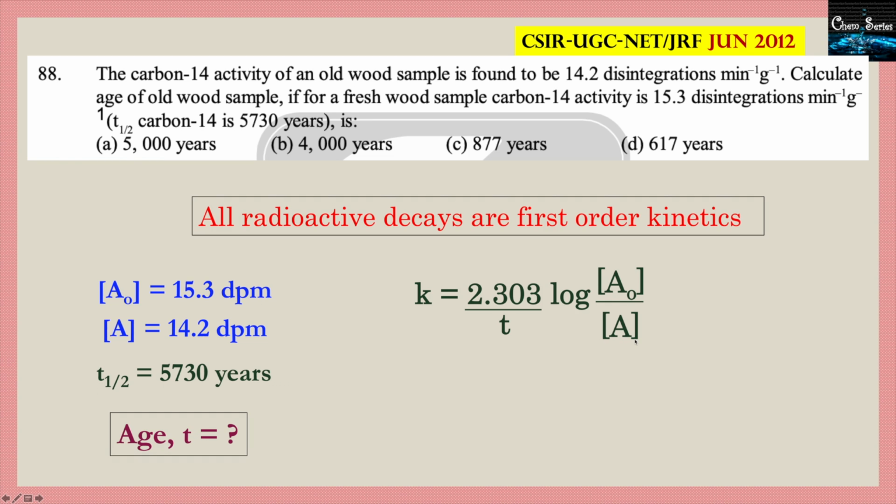So A is also there, but we don't have k. Instead, we have extra information. What is that? t half, which is 5730 years. So why have they given this? Using t half, we can calculate k, using the half-life formula. See, t half is equal to 0.693 divided by k. So when we solve this for t half, we will find k, and using that k, we can find t in this equation.